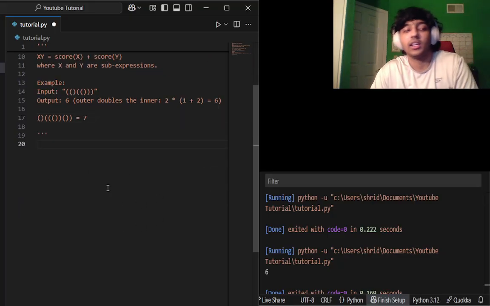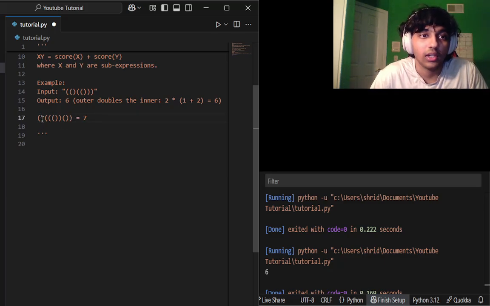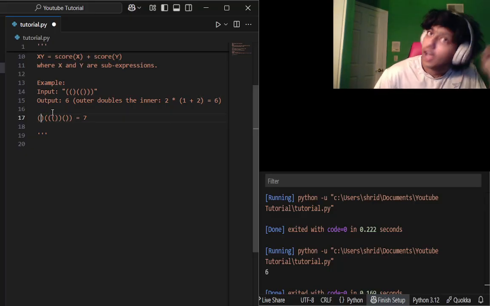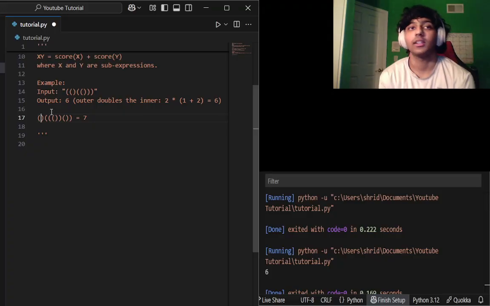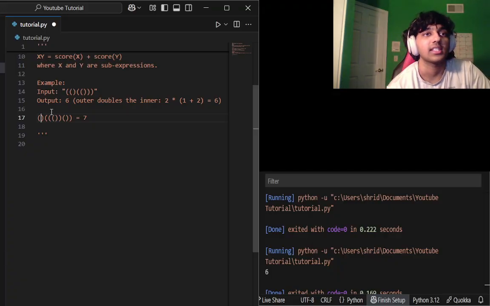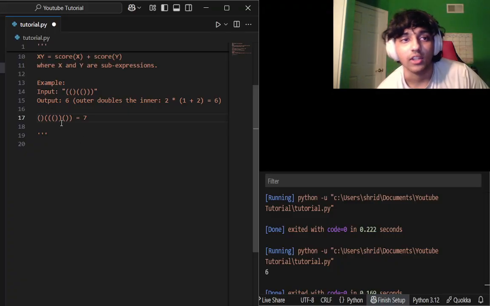So now how will we go about solving this kind of thing? Well, for starters, we want to figure out whether a parenthesis is closed or not. There are different ways to do this, but a common way in some of these other parentheses questions you might encounter is storing them in what is called a stack.